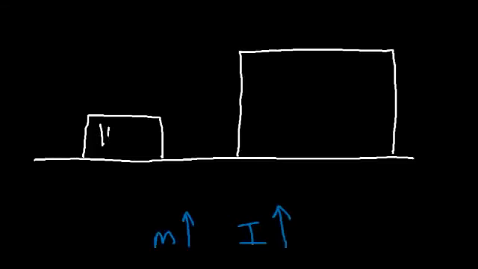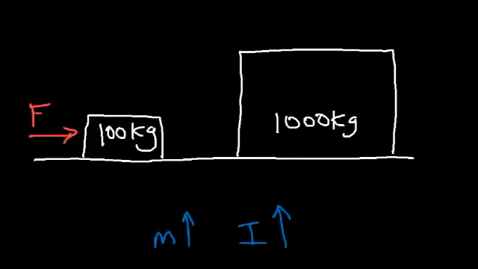So let's say if we have a 100 kilogram object and a 1,000 kilogram object. Which one has more inertia? So which object wants to maintain its state of rest? If we apply a force to the smaller object, it's going to be relatively easy to move. We can easily move it from a state of rest.